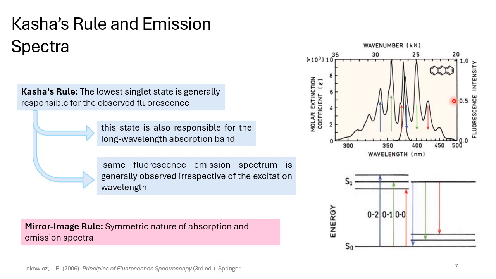From these two images, if we notice this green transition, we can easily see that both the absorption and emission transitions are similar. So this leads to the symmetric nature of the absorption and emission spectra, which is known as the mirror image rule.